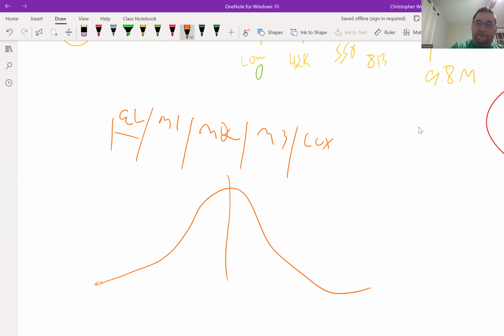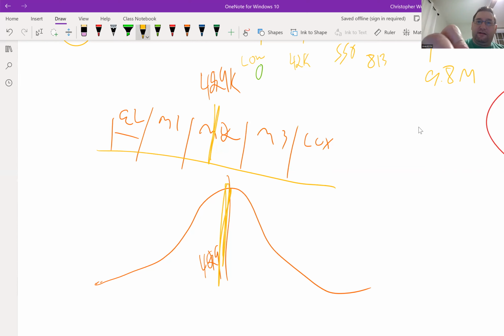Median should be here at 429, which means it should be right here, 429. Because this is the middle. Here, let's do this. Let's get rid of that. Let's do a different color. 429, 429. Why? Because that is the middle of the entire market.